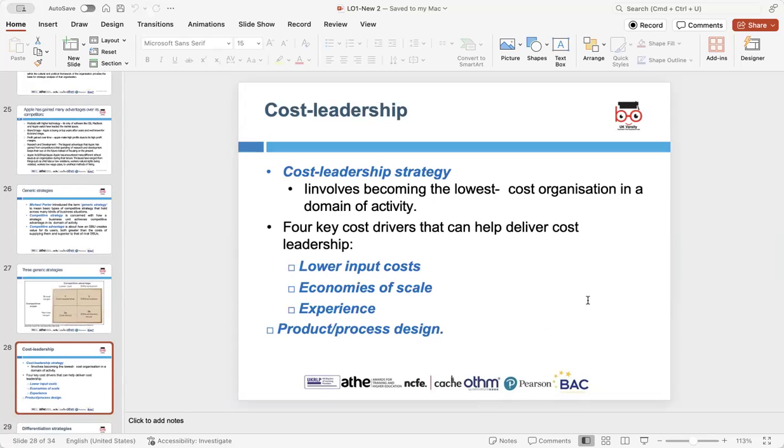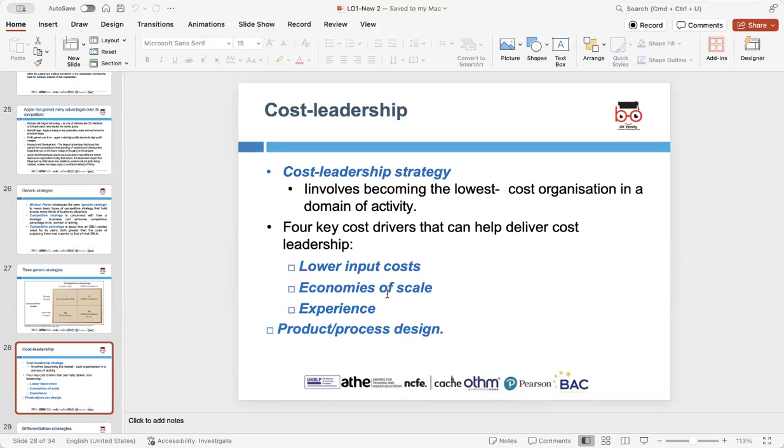Cost leadership strategies. The cost leadership strategy basically seeks to establish the organization as the lowest cost provider in the industry. Achieving this involves several key cost drivers: lower input cost, economies of scale, experience, and product and process design. So lower input costs means reducing the cost of raw material and labor.